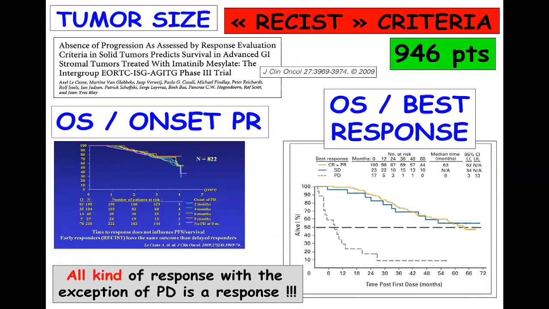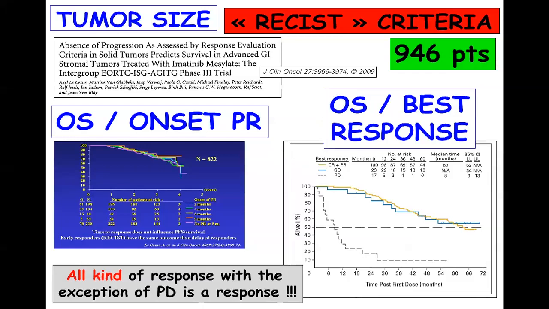This paper published in GCO in 2009 on 946 patients looked at the overall survival according to onset partial response in the left side of the slide. And in the right side, it is the overall survival according to the best response.